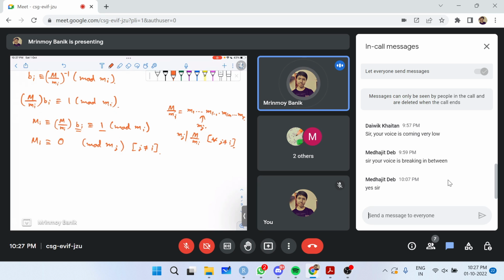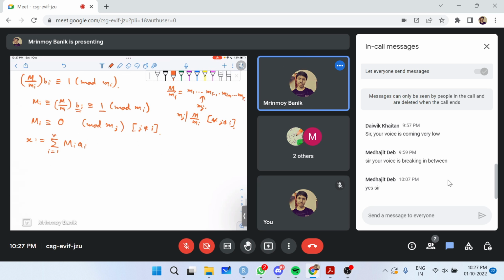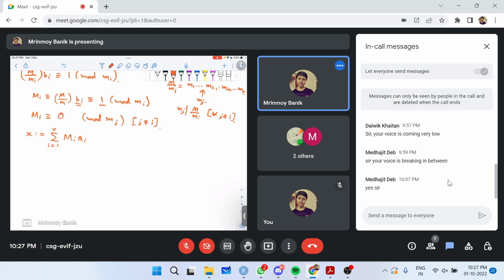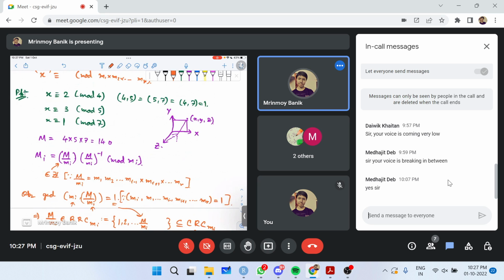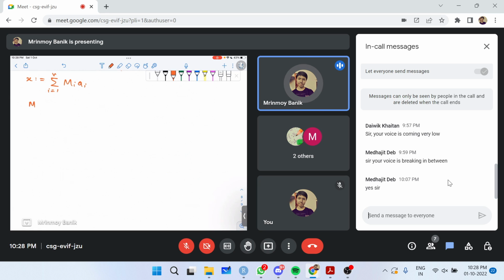Using these two sets of facts, we can try to define x as the sum over capital Mi times ai, where i runs from 1 through r. So here in our context, M is 140. Let's calculate the three mi's.